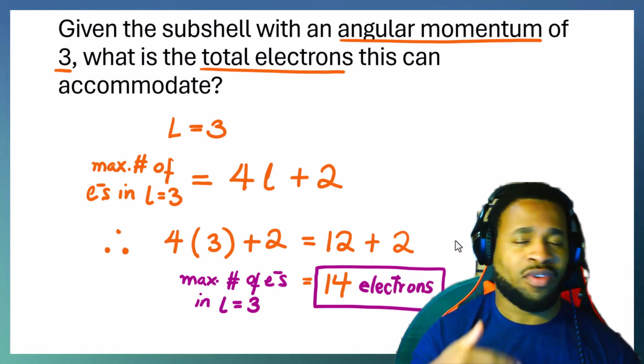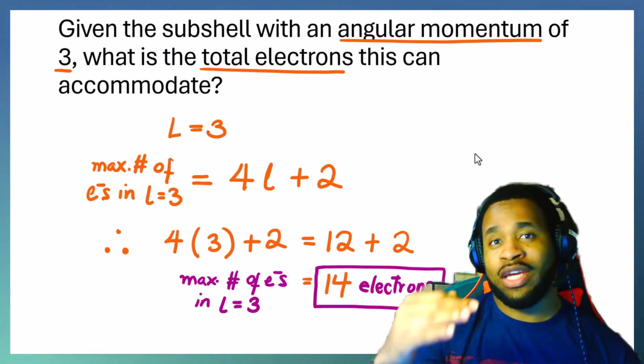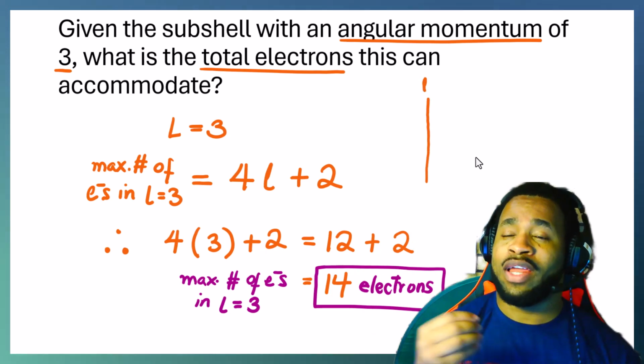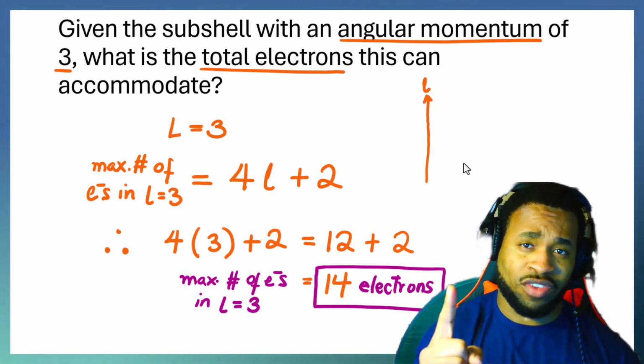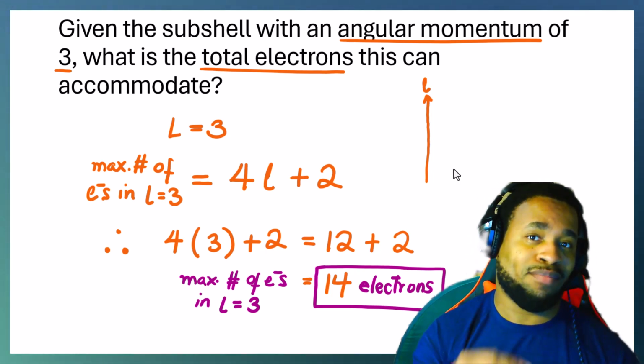In terms of a couple of laws we'll talk about in the future, the L value increases with energy. When we start with L equal to 0, that is the minimum value it can be at.